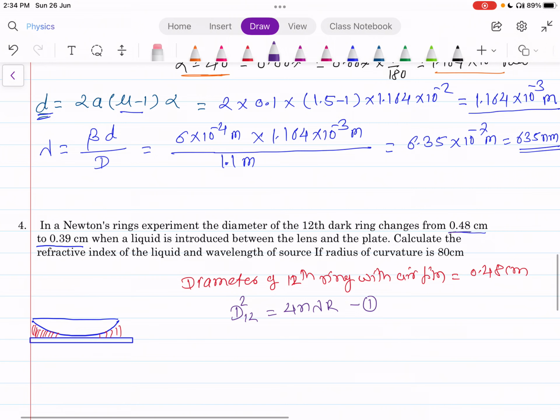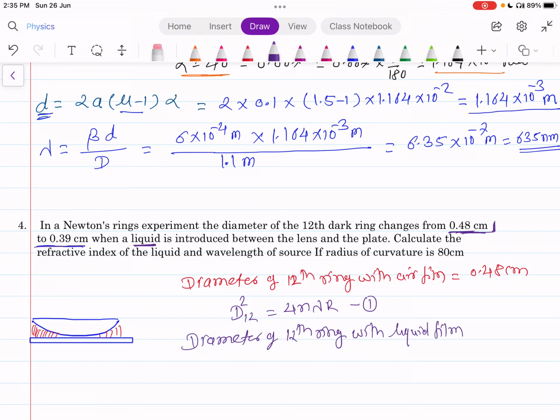So this diameter, which is 0.48 centimeter when the film is air, changes to 0.39 centimeter when the film is replaced by the liquid. So the diameter of the 12th ring with liquid is 0.39 centimeter.